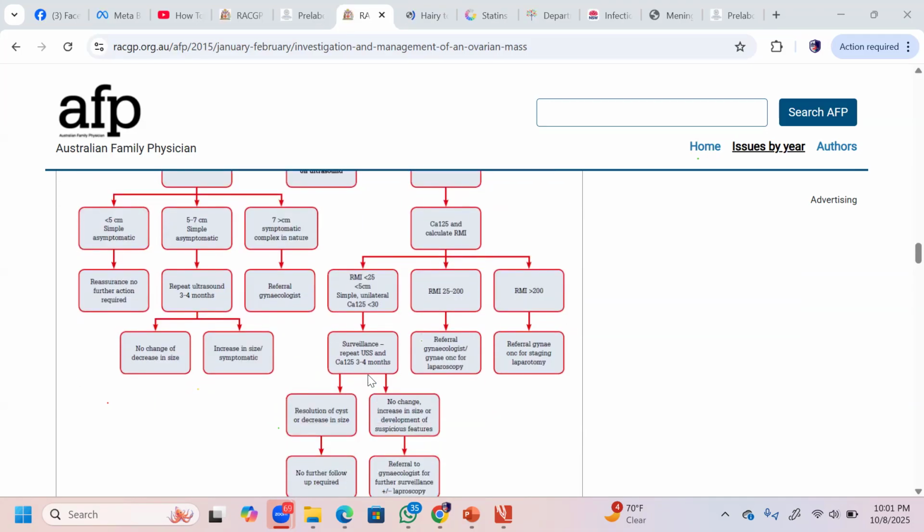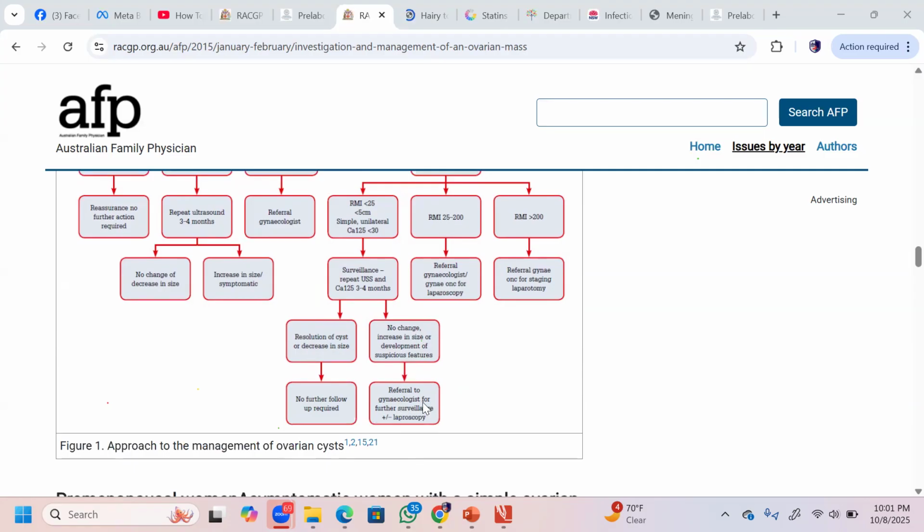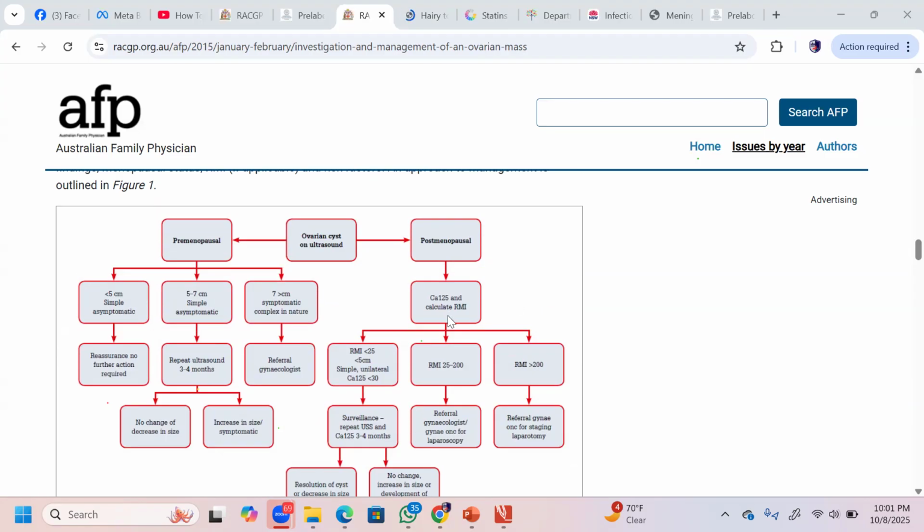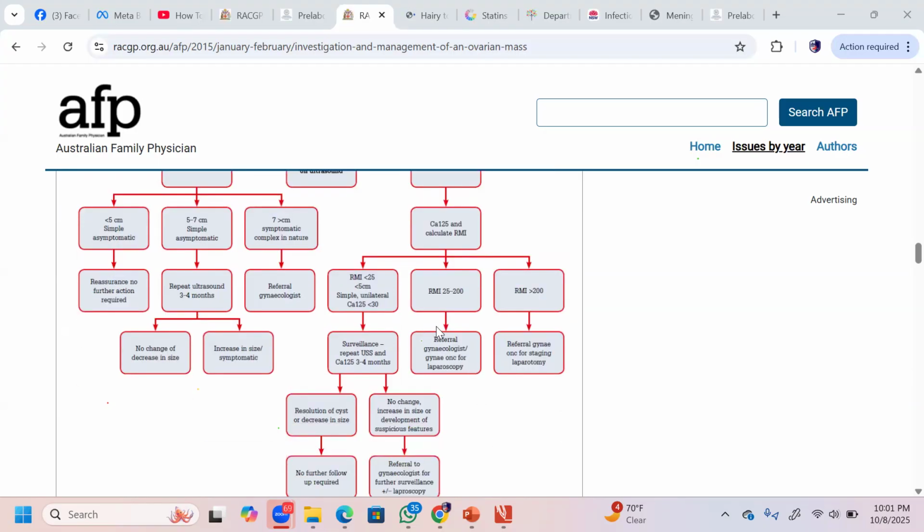And if the size persists or increases, no change, you will refer the patient to a gynecologist for surveillance. And if RMI is between 25 to 200, you will refer the patient to gynecology oncology for laparoscopy. And if RMI is greater than 200, directly refer the patient.